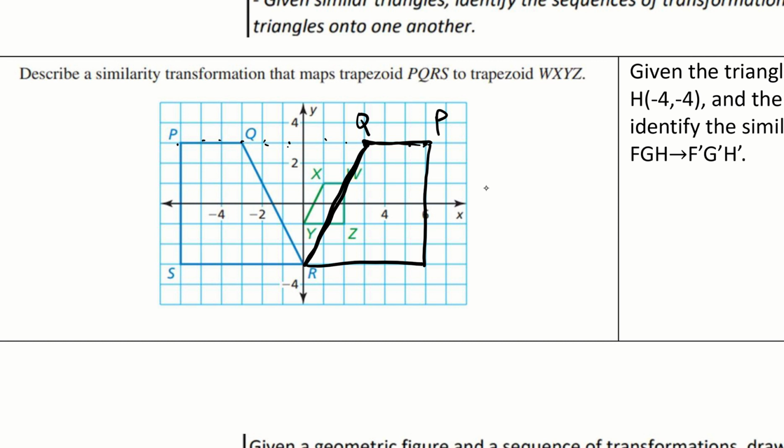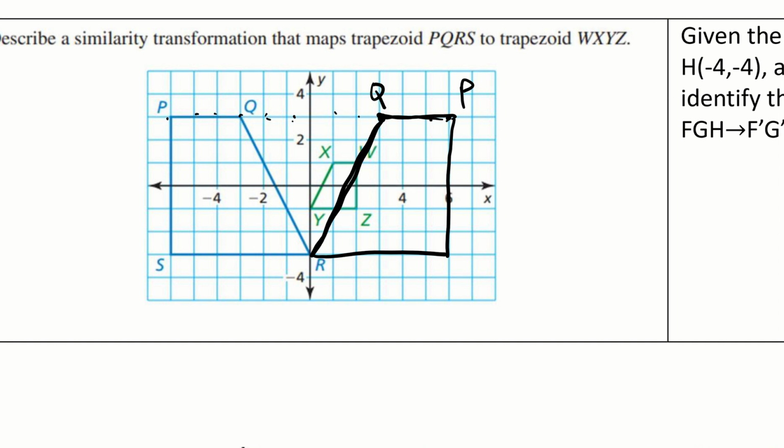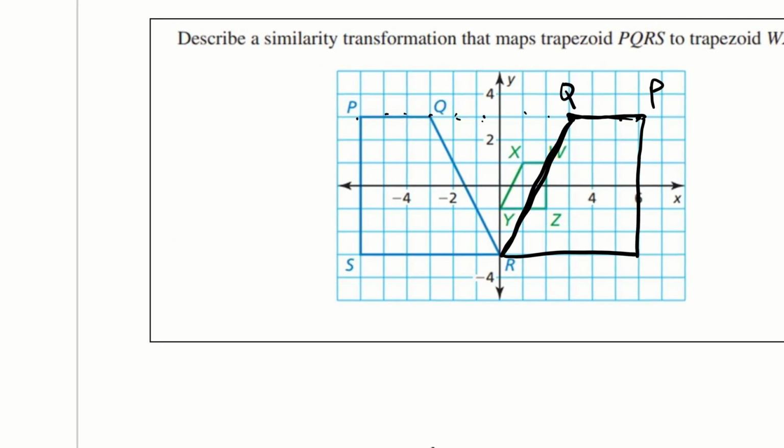Then I'm going to need to shrink it. So as my similarity transformation, first off, I have a reflection across the y-axis. And then follow that up.